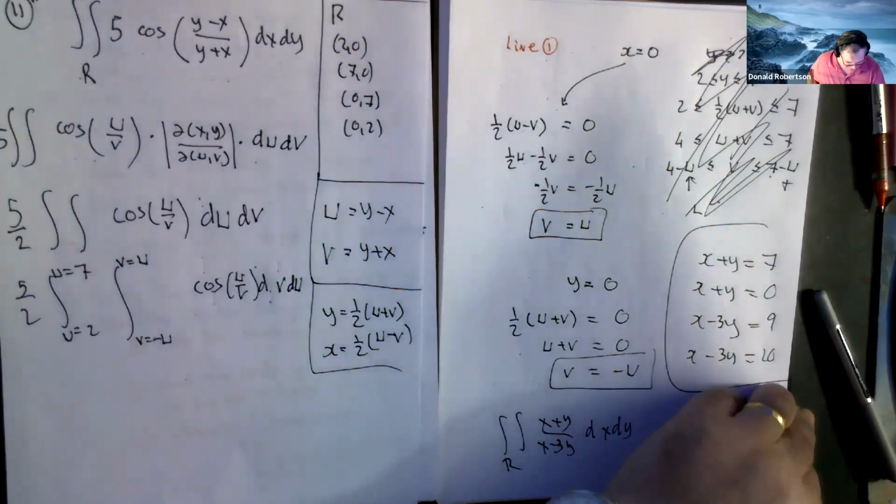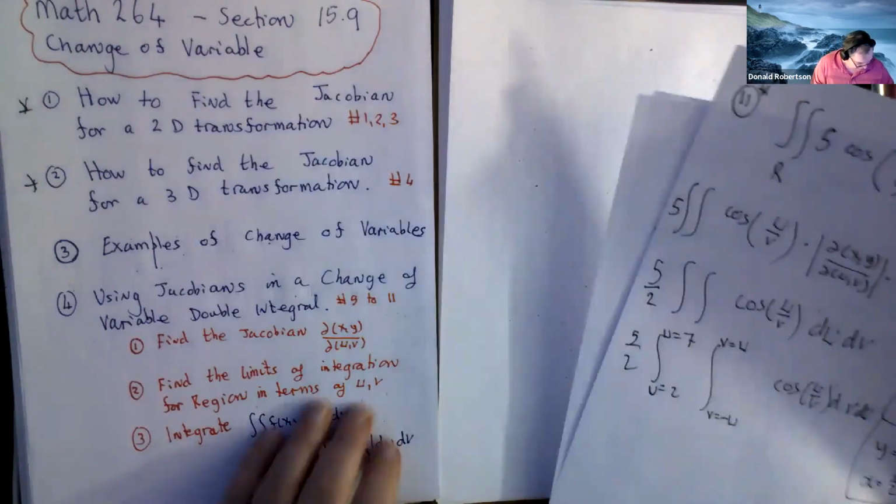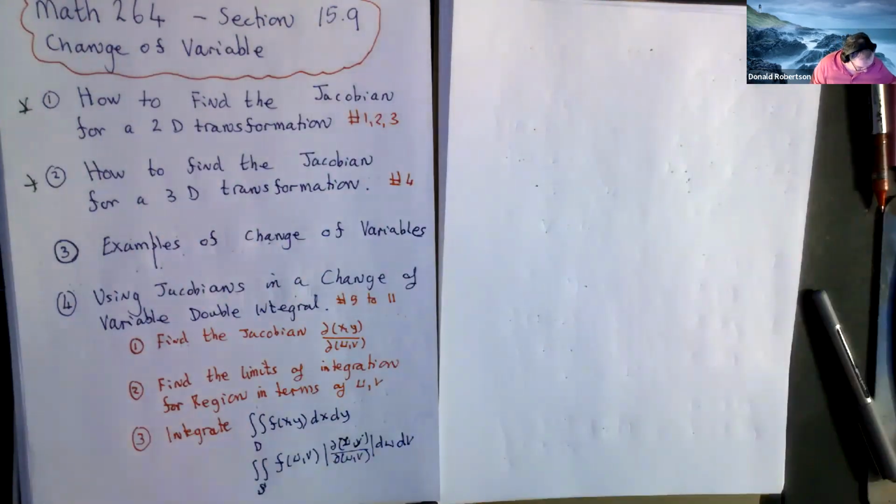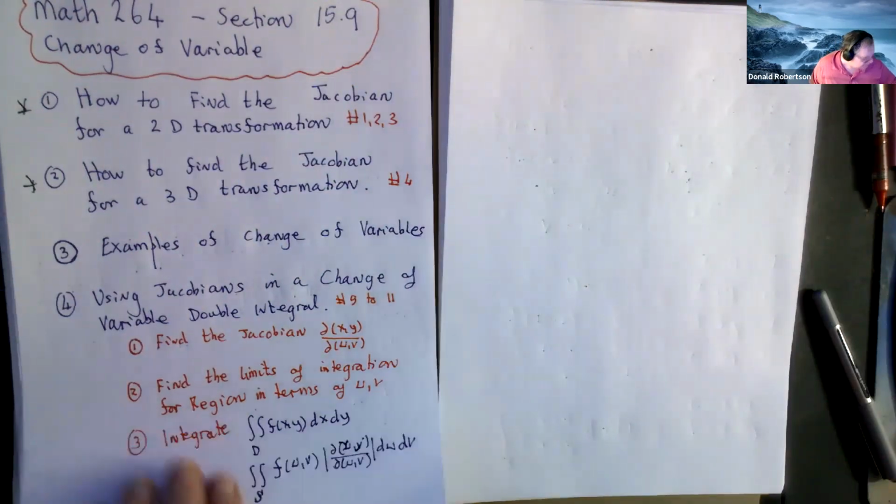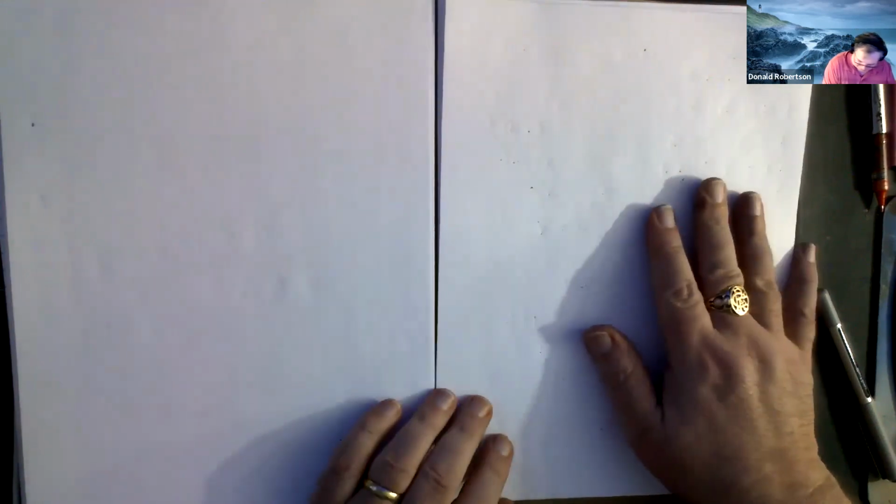I think this is a kind of natural stopping point. So when I see you on Wednesday, we will be looking at a totally new section. We are going to be looking at vector spaces in 3D and then line integrals. So on Wednesday, we're going to be doing 2 new guys.